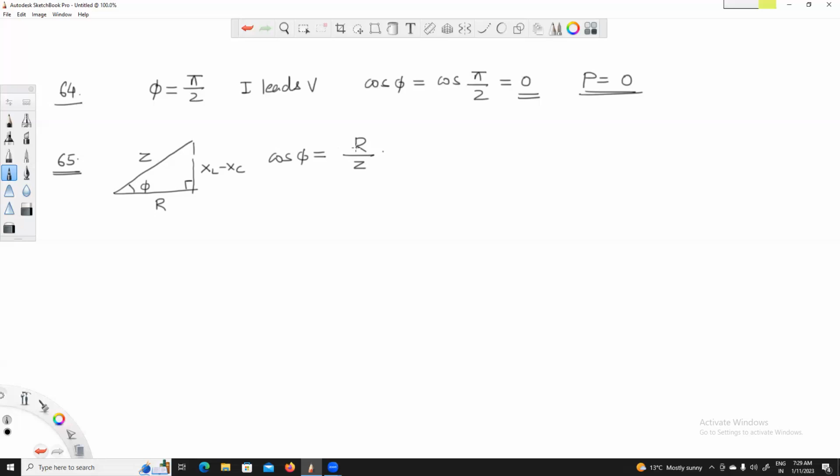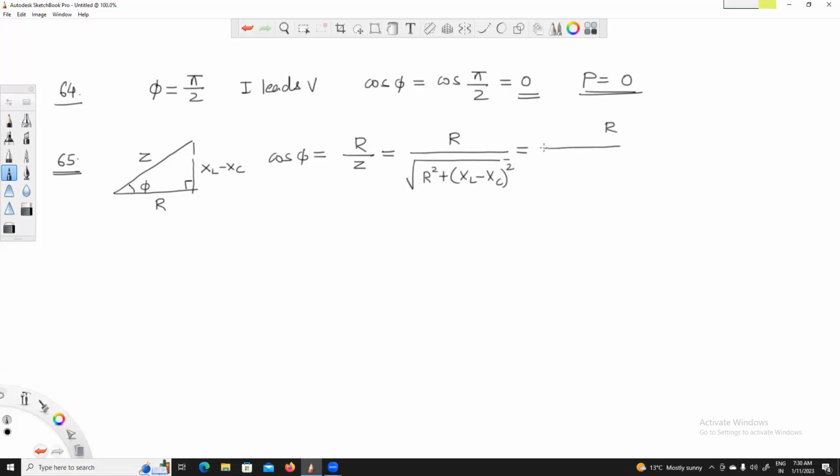What is asked here? Inductance and resistance both high. So this is basically R divided by square root of R square plus bracket XL minus XC square. So inductance and capacitance both are high. Again, let me write the formula for this.